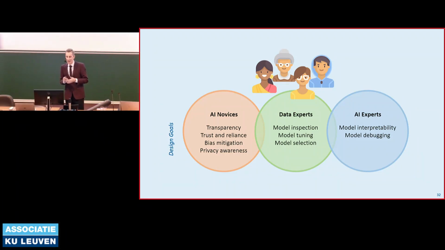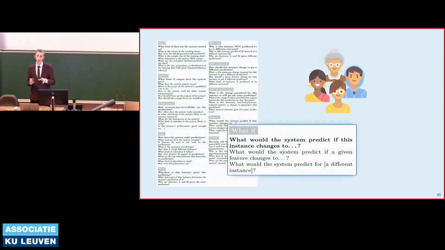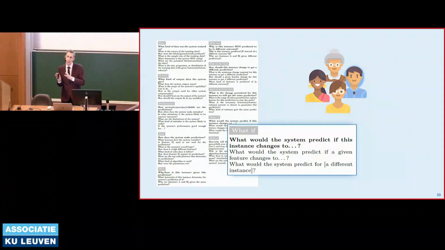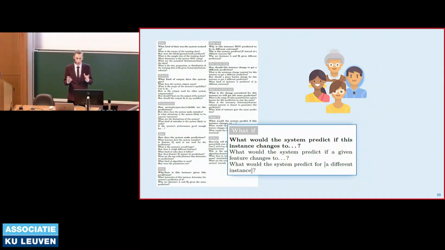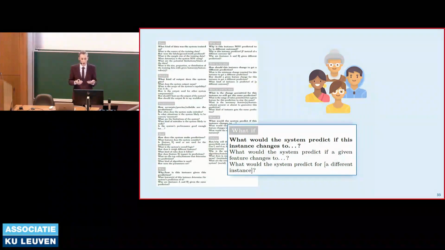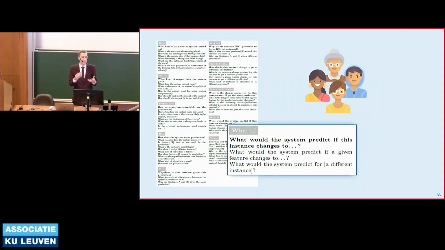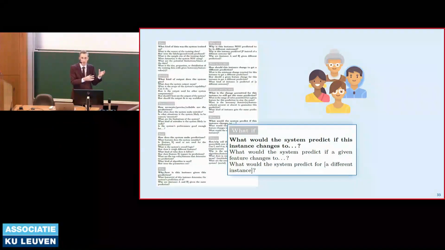I mean, depending on the context, you need different things. Even as an AI novice, there's plenty of explainability solutions that I showed you before. So what we can do instead is we can go and ask people what they need. For example, we can ask questions such as, do you find it interesting to see what the system would predict if a specific instance changes to something else?